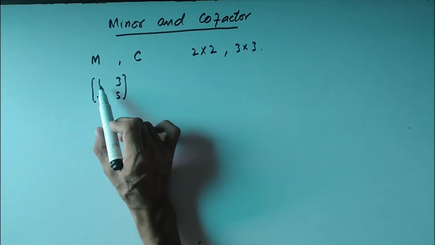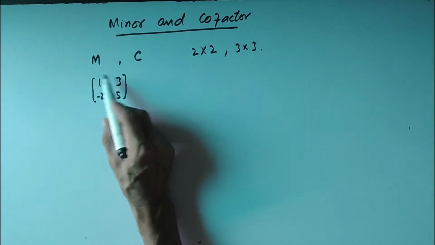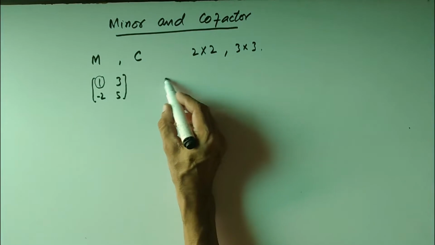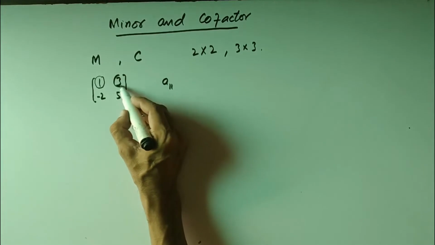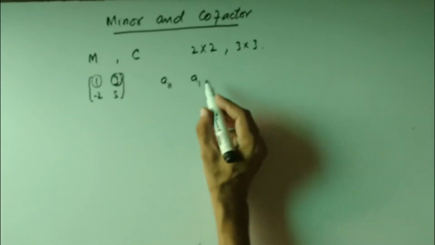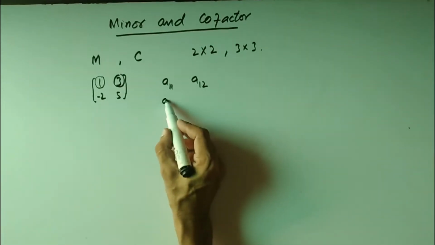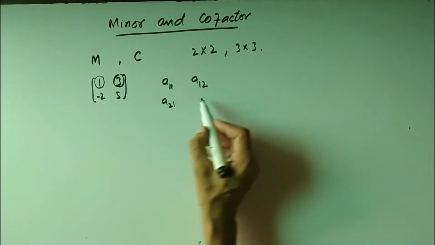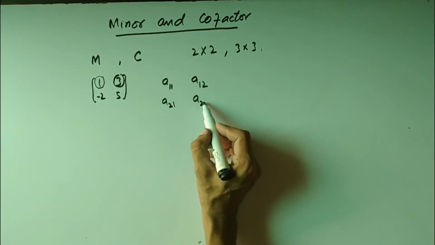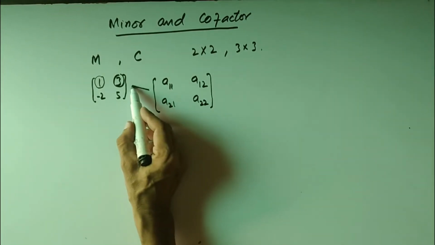Like, the address of 1 is A11, and similarly for 3 it is A12, first row second column, and for minus 2 it is A21, second row first column, and for 5 it is A22, second row and second column. So this will be the address of this 2 cross 2 matrix.